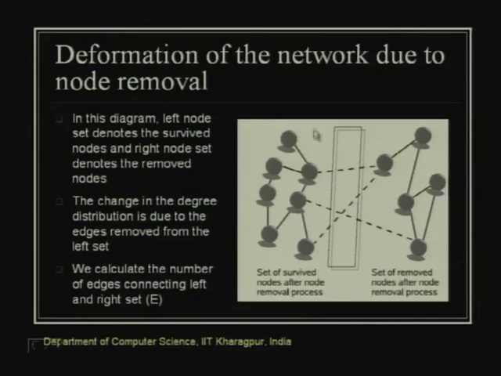Here I know the number of nodes: it will be summation of n pk qk on the surviving side, and n pk fk on the removed side. So the number of nodes I know, but their degree distribution I do not know, and I want to find the number of edges which are passing. Am I with you?